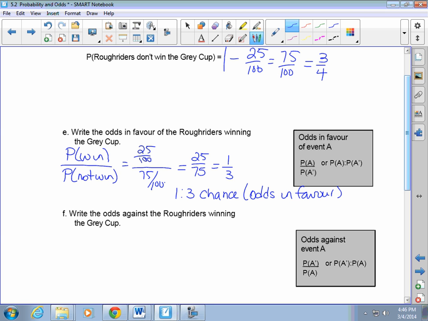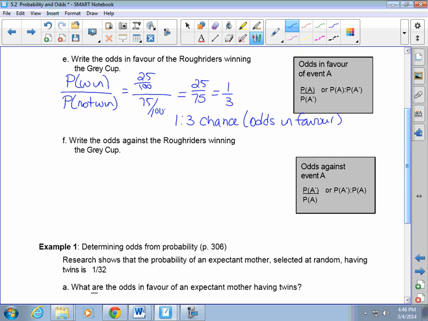Part F says, write the odds against the Roughriders winning. Odds against is the probability of it not happening compared to the probability of it happening. If you look in the little box here, you have the probability of A complement over the probability of A. So the probability of not winning over the probability of winning.